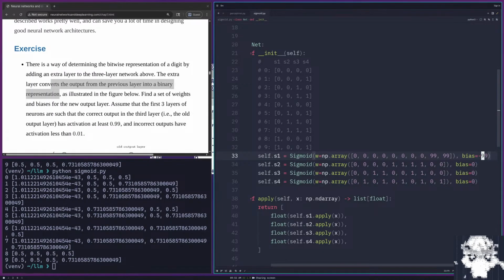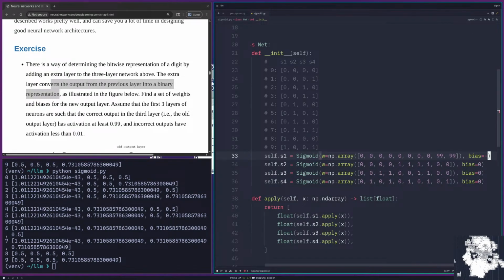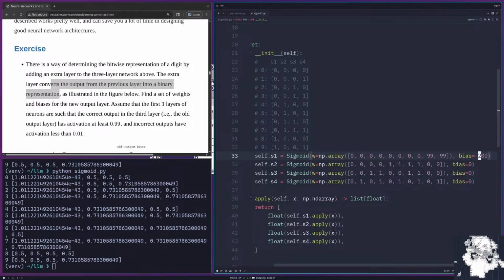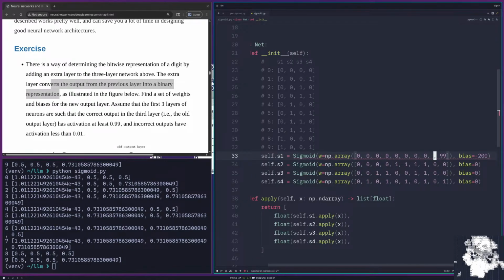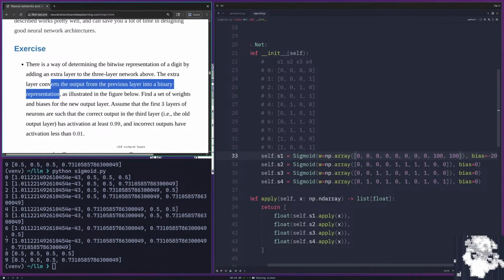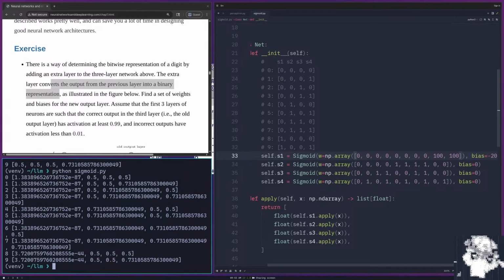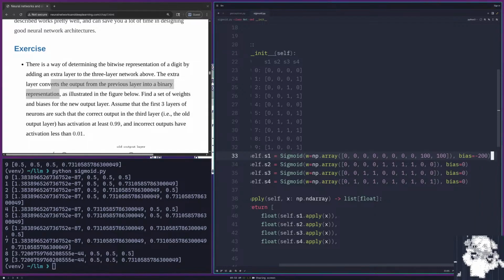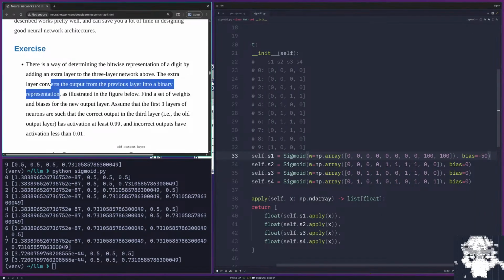Because it ends up right in the middle. If my bias was... so if my bias is negative 200 and... No. My bias is negative 50.